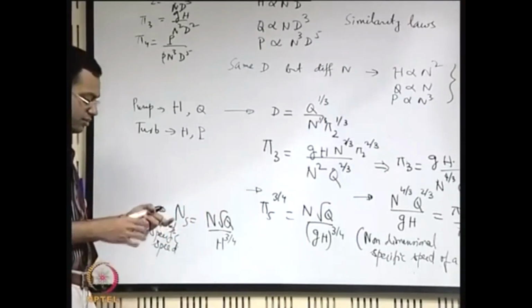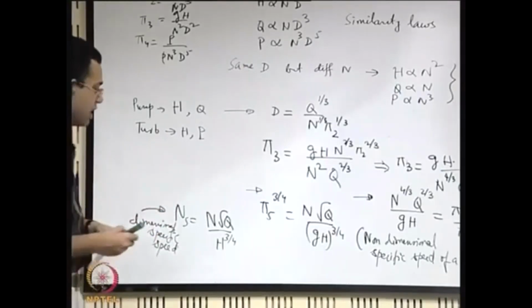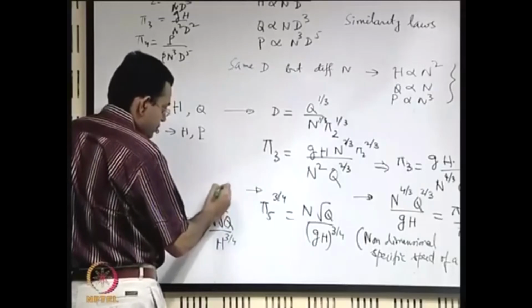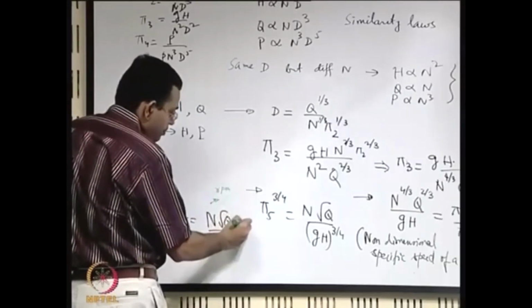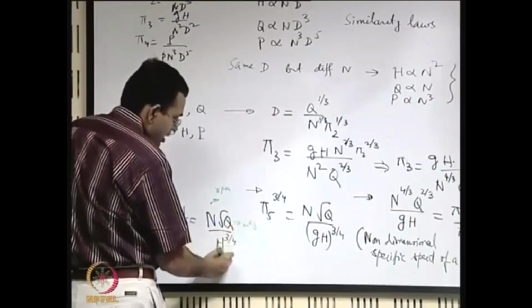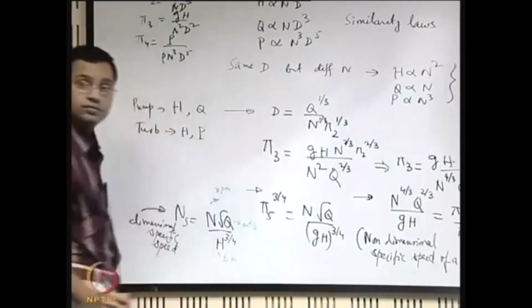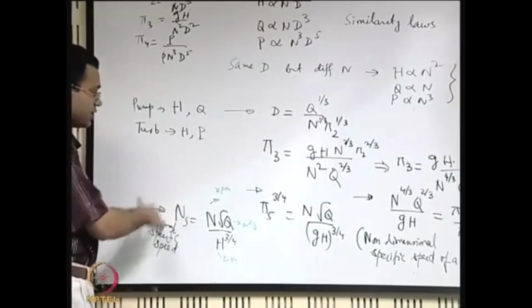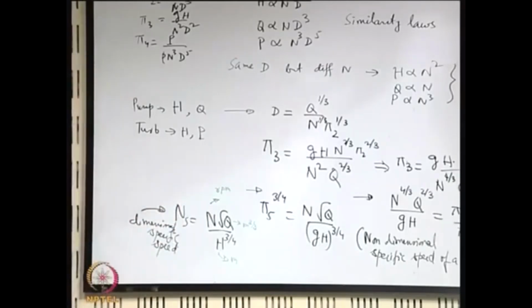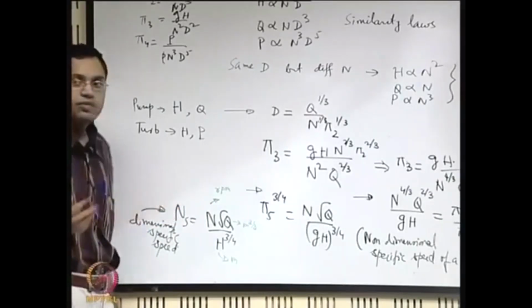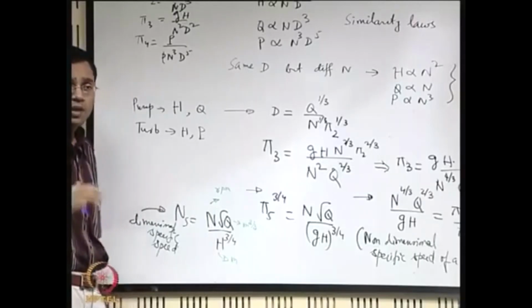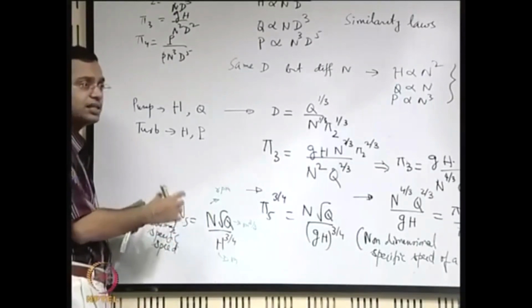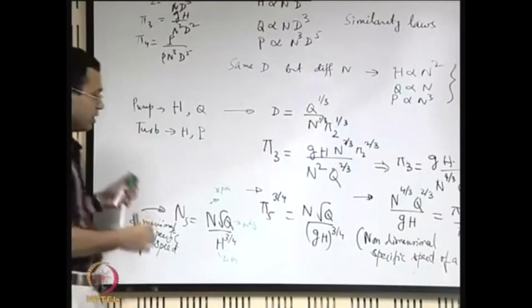For example, one may have a standardization with N in RPM, Q in meter cube per second and H in meter. Sometimes this dimensional specific speed is given a unit of revolution or something like that, but usually the unit is not quoted by the industry. So, these are certain conventions.